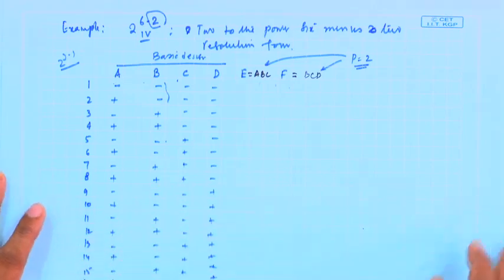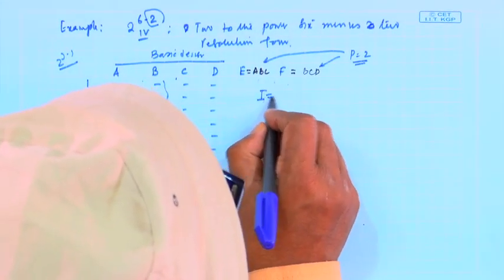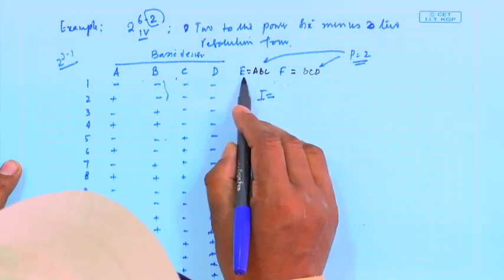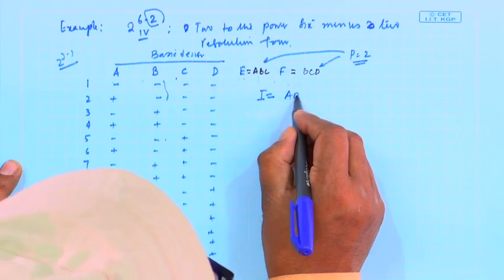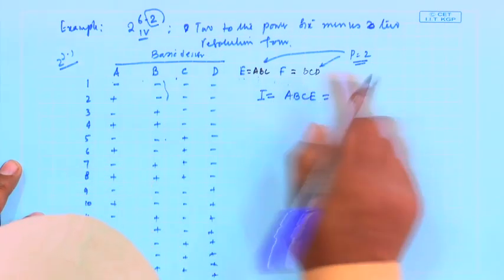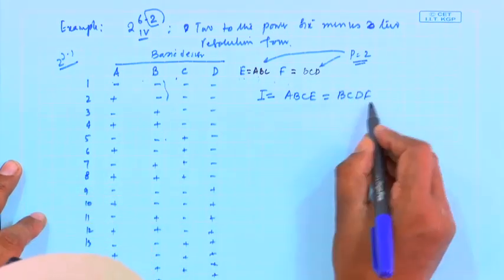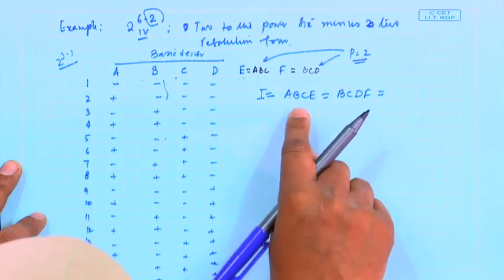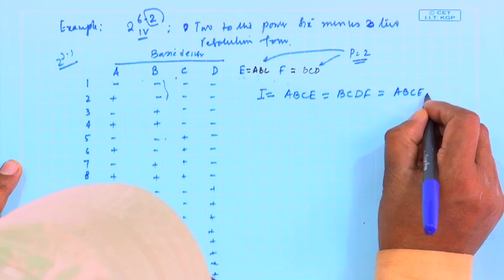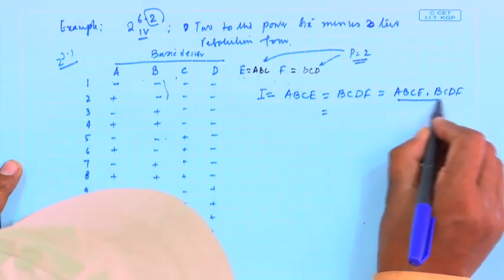Okay. So, what is the defining relation? You will get it using I equal to: if you multiply the first generator with E, that is ABCE. If you multiply the second generator with F, you will get BCDF, and these are independent generators. The generalized one will be ABCE into BCDF. What is this value?